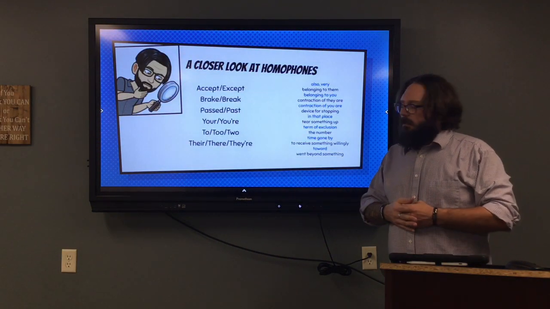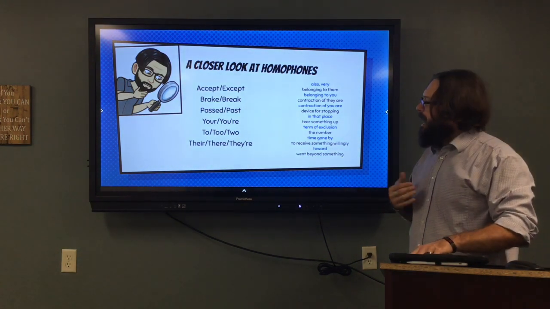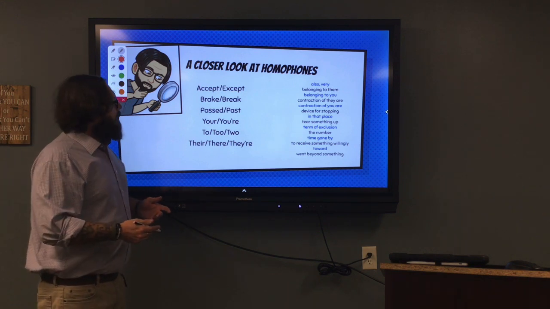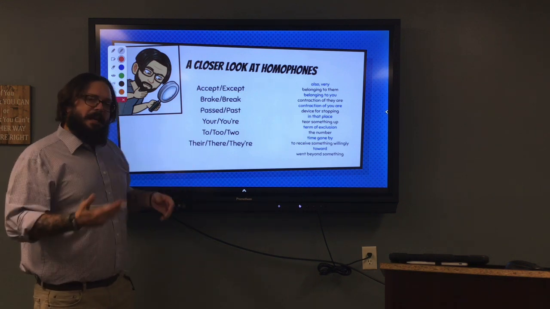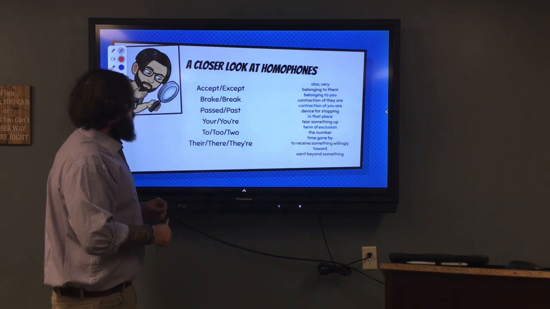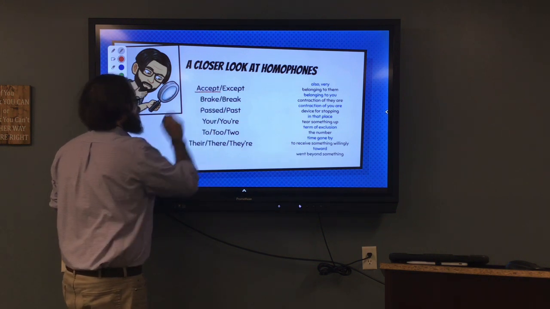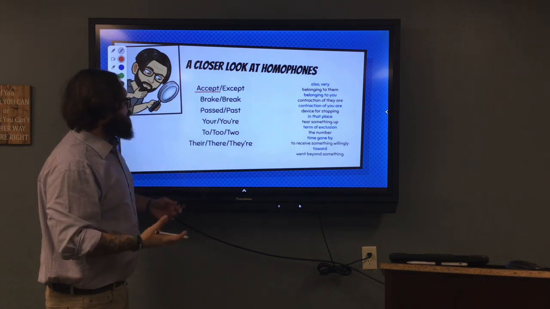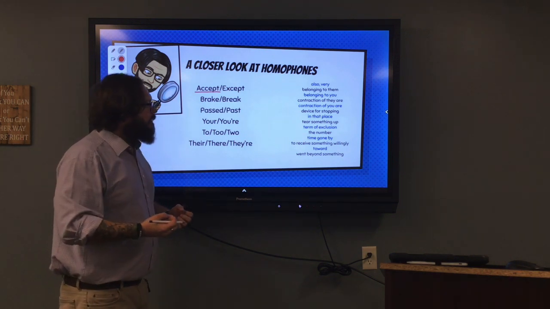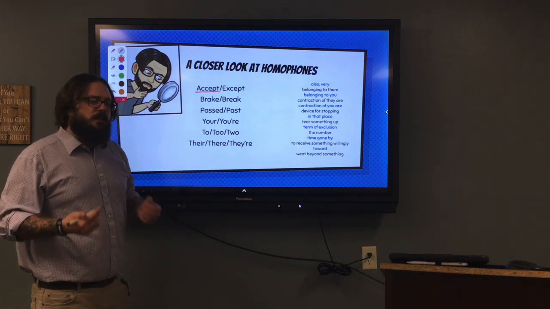First, let's talk about homophones. Remember, these are words that sound alike, but they have different meanings. Let's look at the words on the left and see if we can match them with the definitions on the right. So we will start with the word accept. What does accept mean? Well, if we are accepting something, then we are going to receive something willingly.